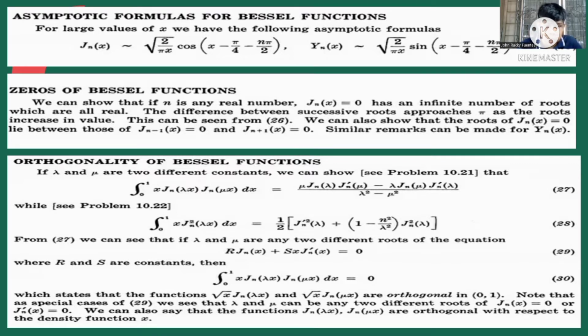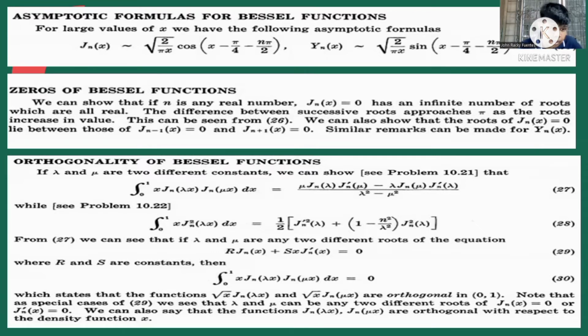Sabi dito, na-instate daw yung function na square root of x j sub n lambda x and square root of x j sub n mu x ay orthogonal in 0, 1. Note that as special cases of 29, which is r j sub n x plus s x j sub n x is equals to 0, we can see that lambda and mu can be any two different roots of j sub n x is equals to 0.